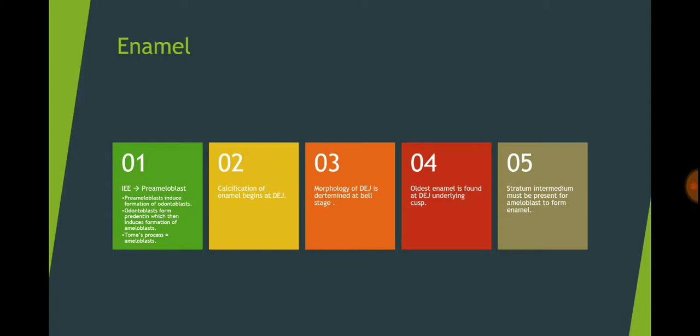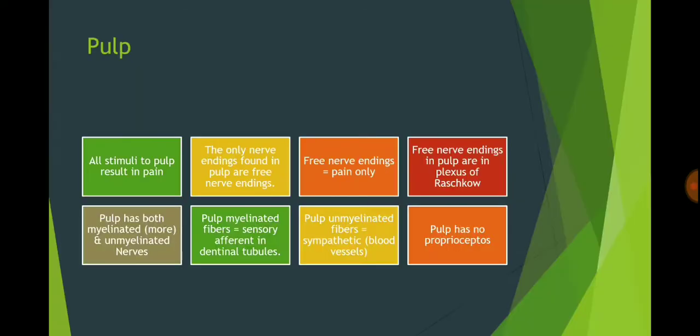And the stratum intermedium must be present for ameloblasts to form enamel. So if you don't have any of the stratum intermedium, then you won't have any enamel forming. So very condensed, 5 points here that you need to remember.